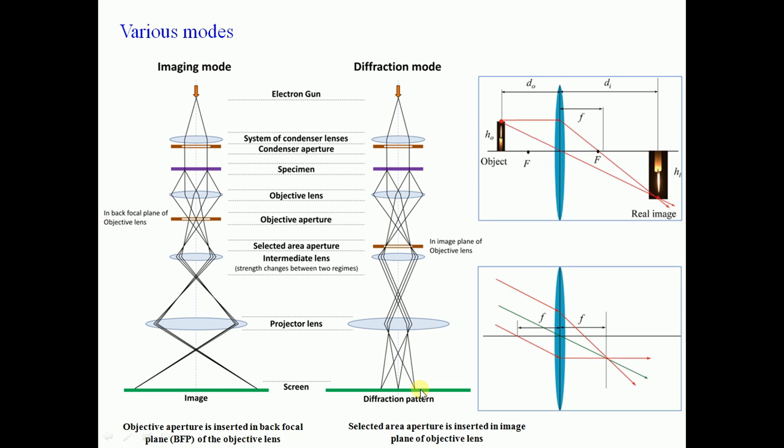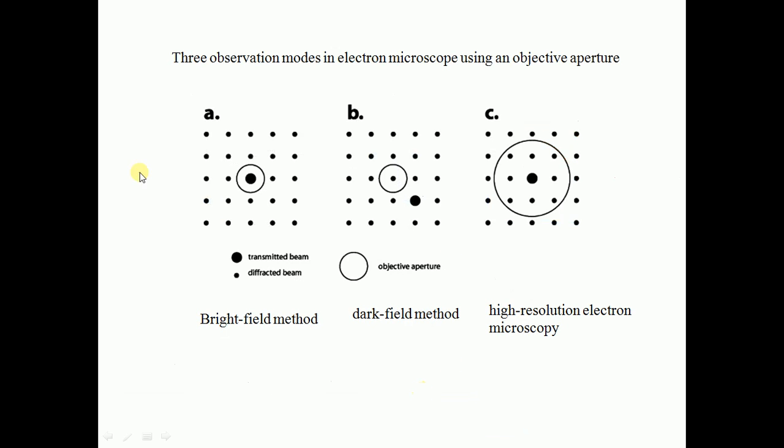I'm going to tell you how you get the spots in the diffraction mode. So the cross section of the geometry below the sample contains the transmitted beam and the diffracted beam. What you choose will decide what kind of picture you are taking.